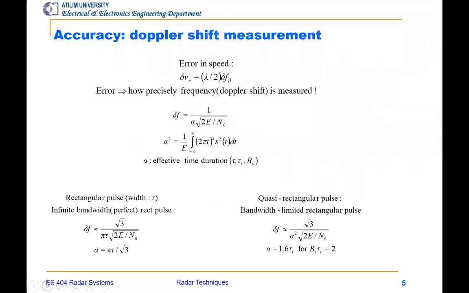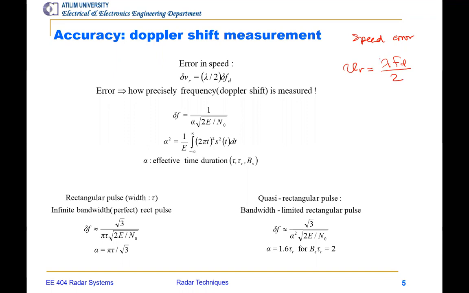So it was about range error. How about the Doppler shift? So speed error. Remember that the speed of the target can be given in terms of the Doppler shift and wavelength.